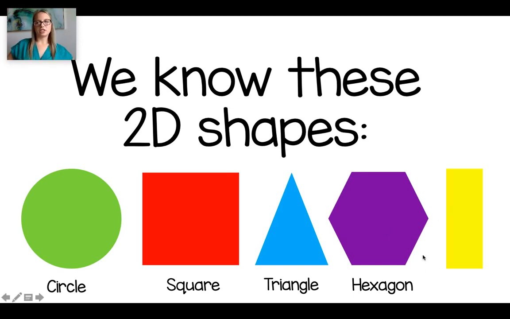Ooh, what about this shape? This shape has how many sides? 1, 2, 3, 4 sides. And how many vertices? 1, 2, 3, 4. 4 sides and 4 vertices. Wait a minute. That's kind of like this one over here, the square.